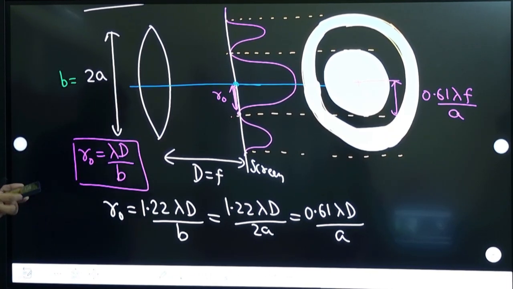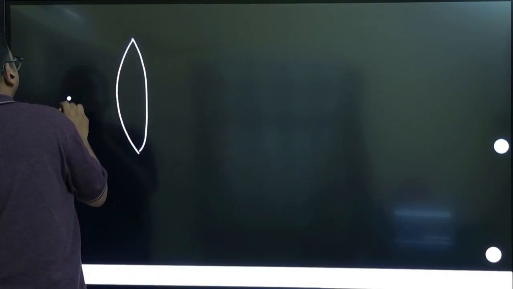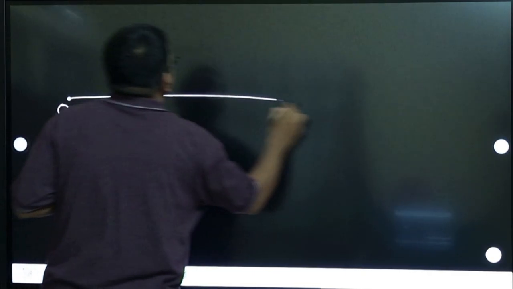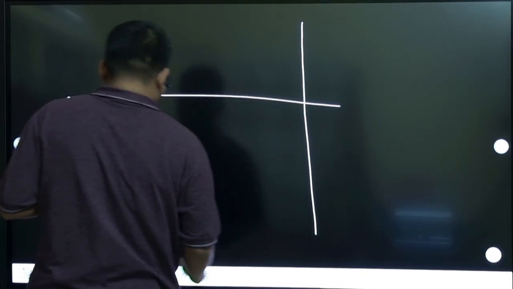Now coming to resolving power, how do we calculate resolving power? It's a very interesting thing. Suppose that this is the lens, and let us consider that there is an object here, and a string here.